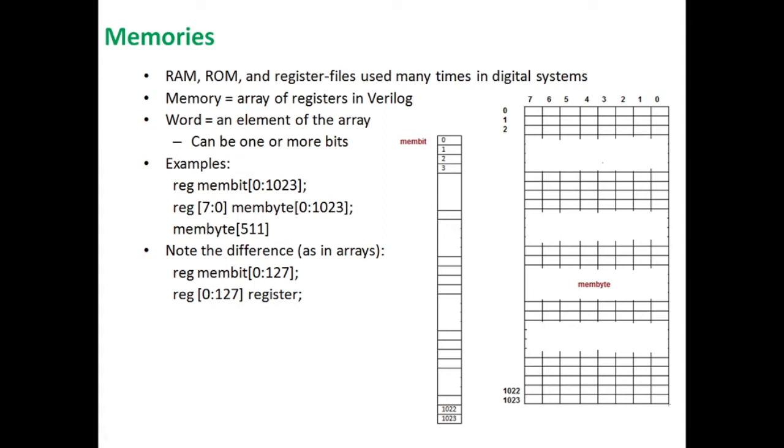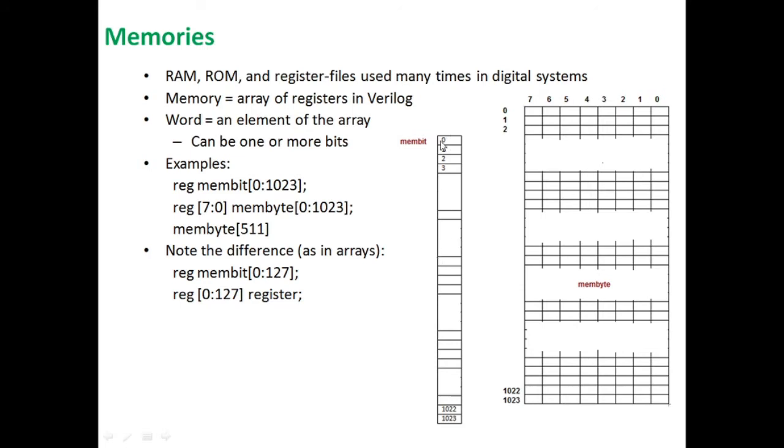You can see in this membyte as well as in membit, reg membit 0 to 1023. It indicates the memory name is membit, with 1k 1 bit words.